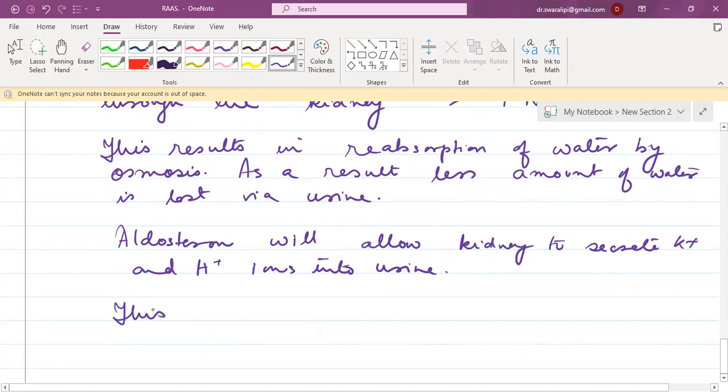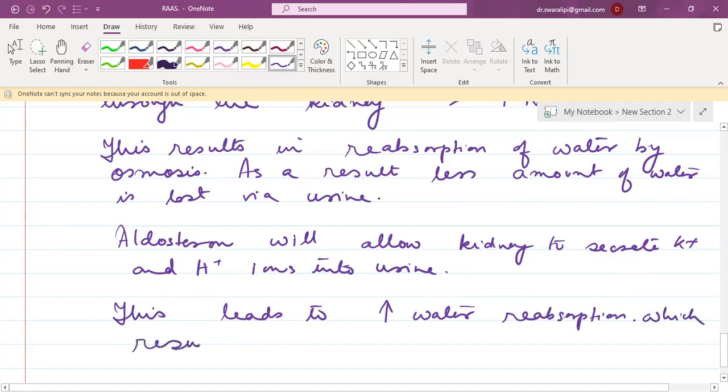This leads to again increased water reabsorption. And if water is reabsorbed, it results in an increase of blood volume, right? Agree?